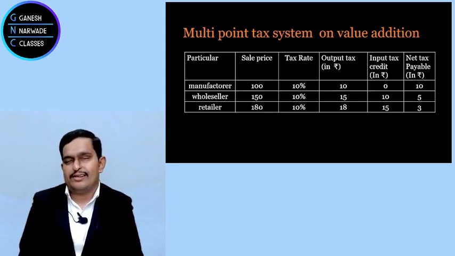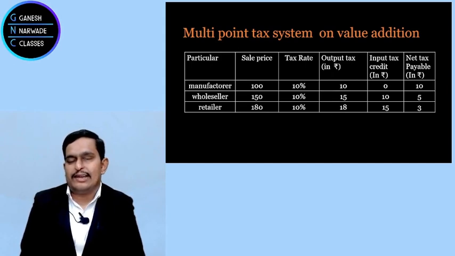Now next question. What about retailer? Retailer sold it for 180 rupees. Now 10% tax. How much it will come to? 180 into 10%. So 18 rupees is the tax. Very good. Now when 18 rupees is the tax, this is output tax of retailer.